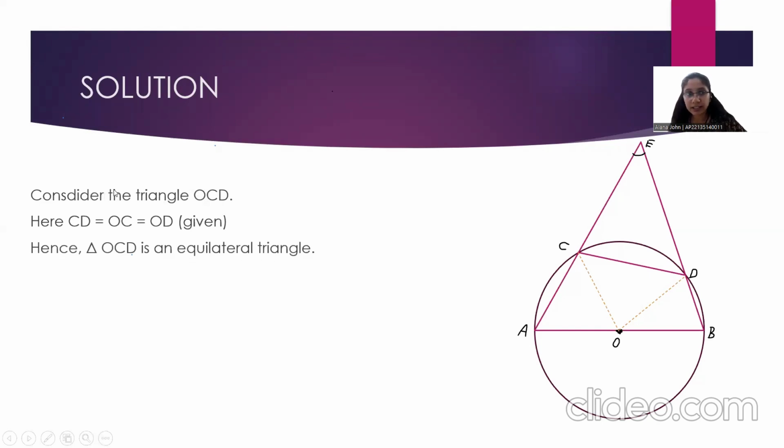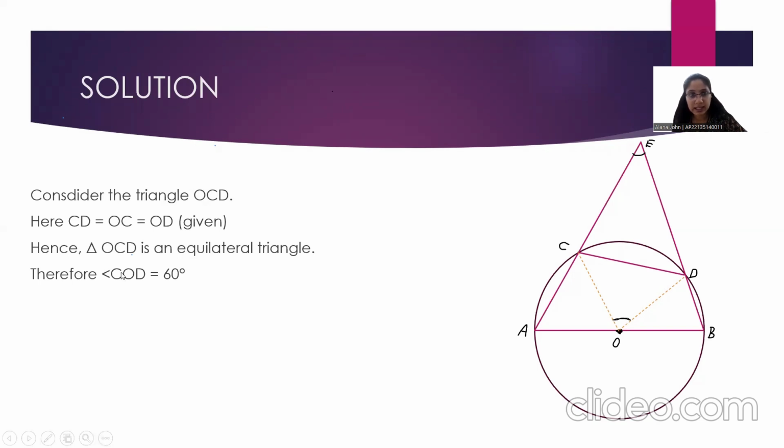In an equilateral triangle, what will be each angle of the triangle? Each angle will be 60 degrees, right? So here, angle COD will be 60 degrees.